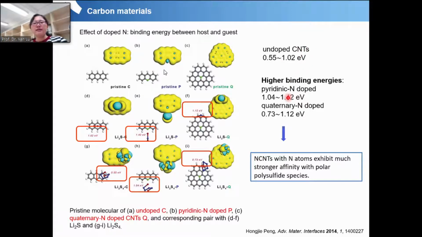And they found that the nitrogen-doped carbon nanotube shows a high binding energy to polysulfide. This high binding energy indicates that the nitrogen doping of the carbon nanotube will give a stronger affinity. So you will give additional chemical affinity to the polysulfides in this case.